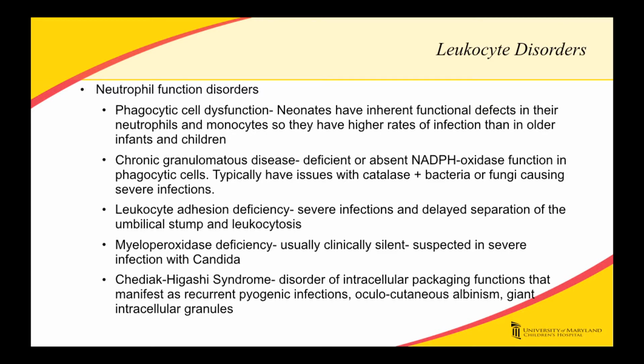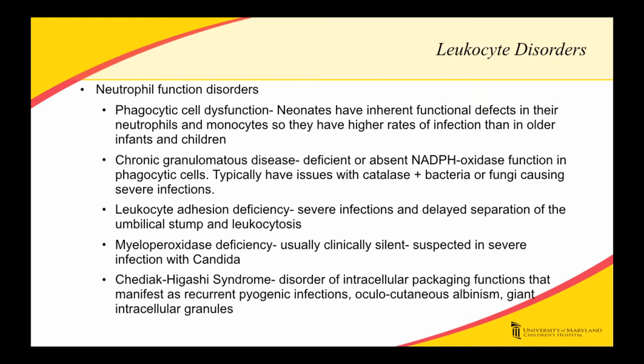Leukocyte adhesion deficiency: severe infections, delayed separation of the umbilical cord, and leukocytosis. So I usually ask about separation of the umbilical cord when I'm seeing patients later on for neutropenia, because that can be a sign that they have a problem with leukocyte adhesion. It also can be a screening for bleeding disorders, later in my talk.